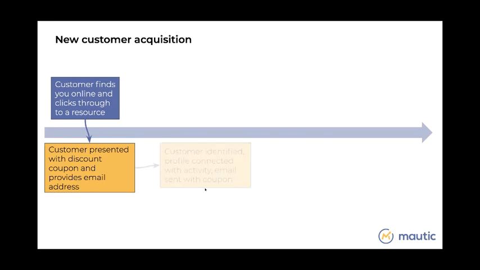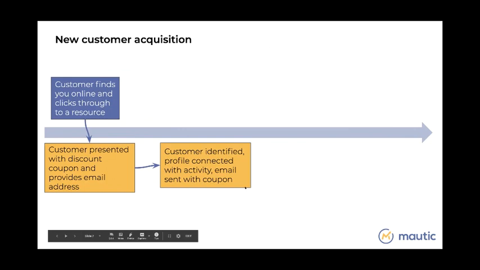Then you identify this person with the activities they have performed on your website. It could be somebody visiting your website, and after going through several pages, the person requests to download a particular resource by giving you the email address.